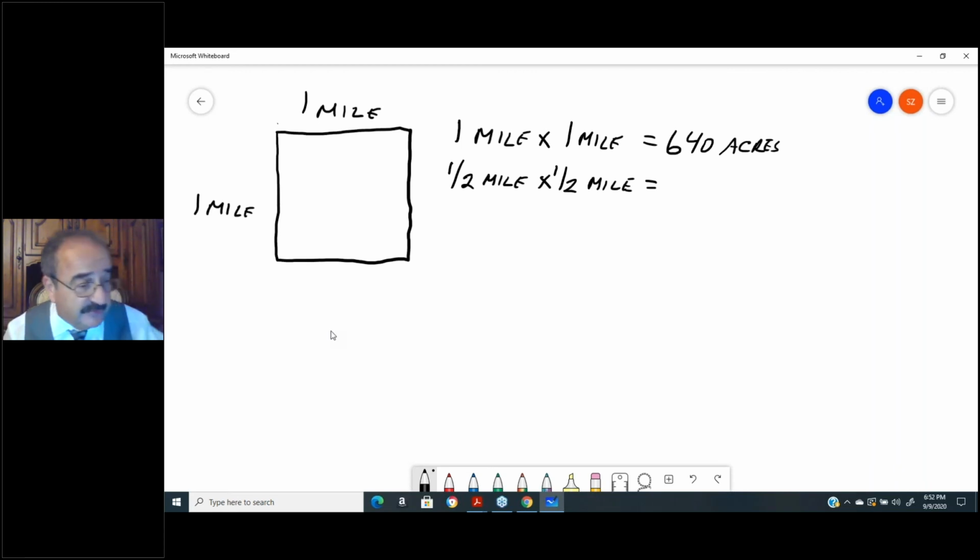Why are you going to see this on a state exam? So if 1 mile by 1 mile is 640 acres, then a half mile by half mile is how many acres? Every one of you answer this question. Very good. I see everyone doing it.